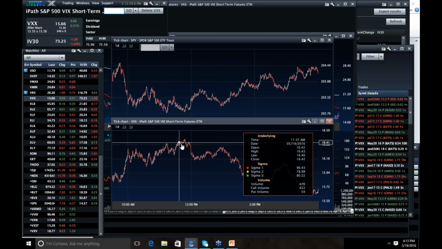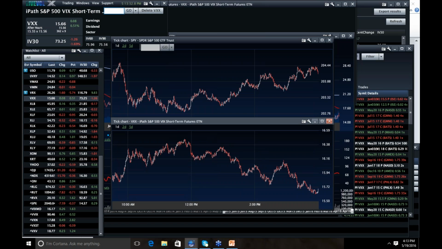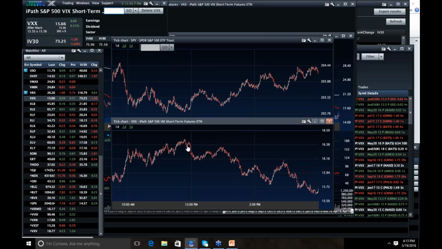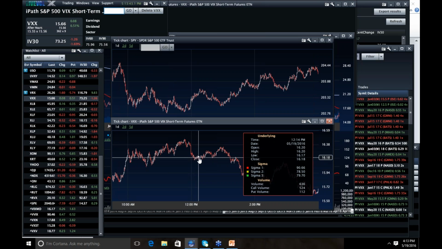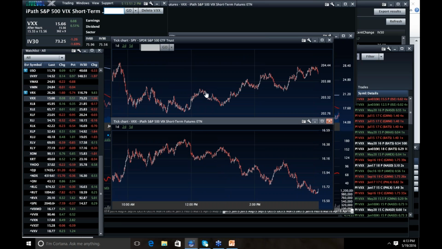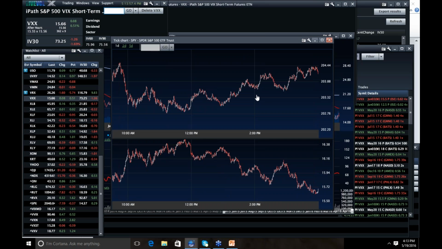So take a look here, guys. You can see the S&P is tanking. And VXX starts to get real soft real fast. If you look closely, within these ticks, VXX is about one little candle ahead of SPY.